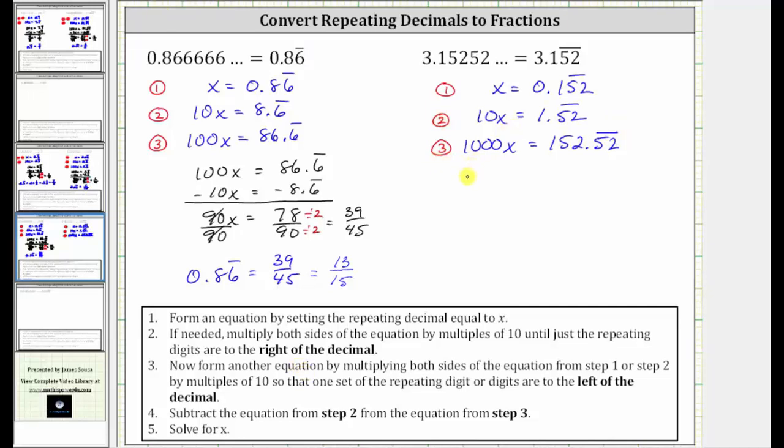For step 4, we subtract equation 2 from equation 3. So beginning with equation 3, we have 1000x equals 152.52 repeating. And now we subtract equation 2. So we subtract 10x on the left, and we subtract 1.52 with the 5 and 2 repeating on the right.